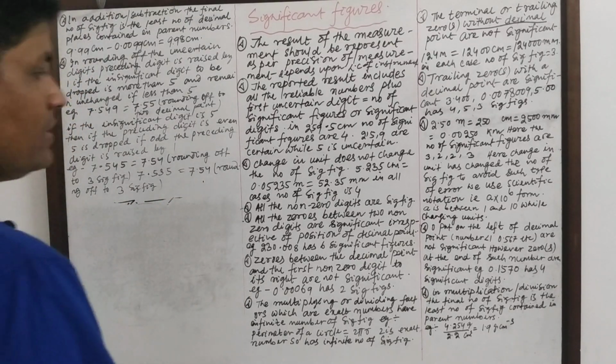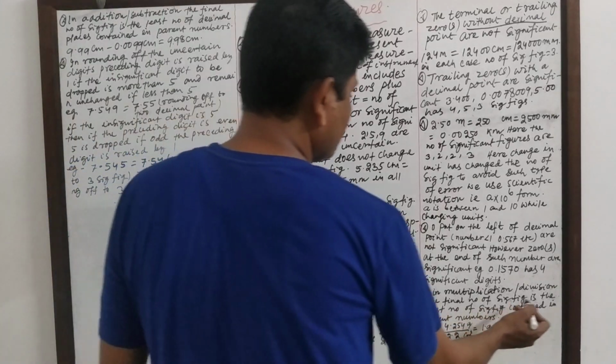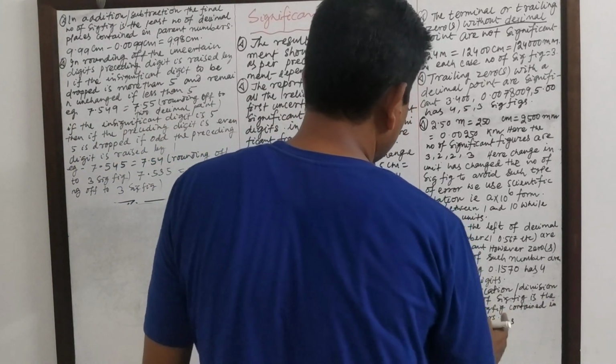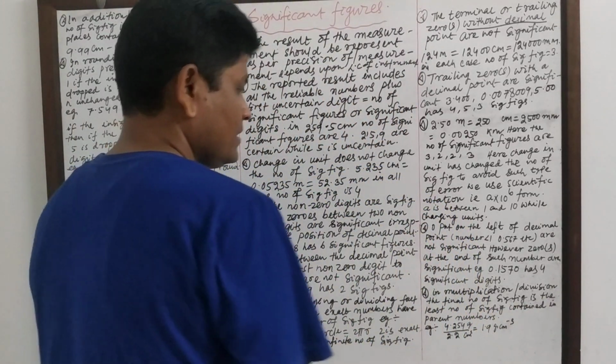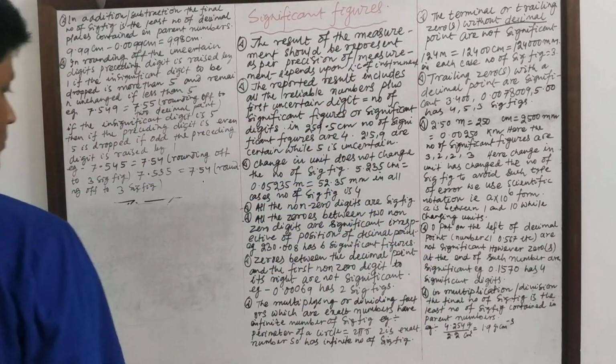In multiplication or division, the final number of significant figures is the least number of significant figures contained in the parent numbers.